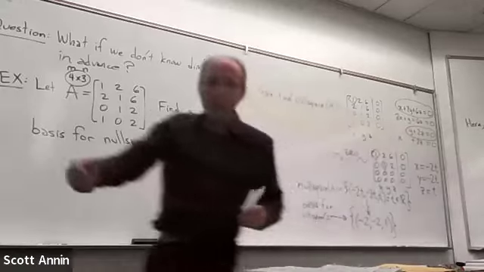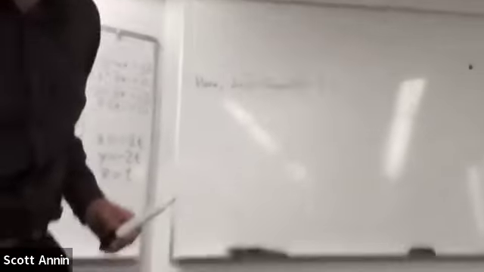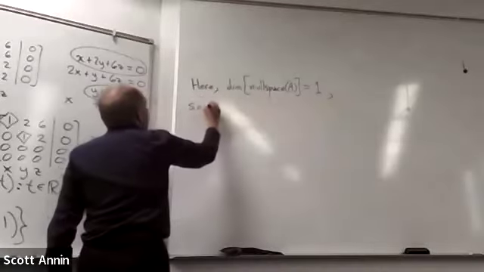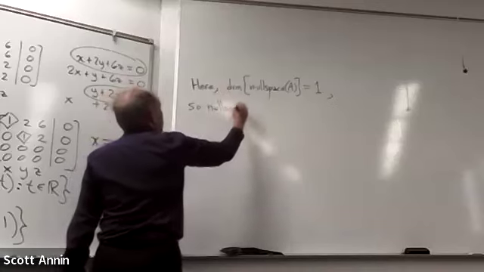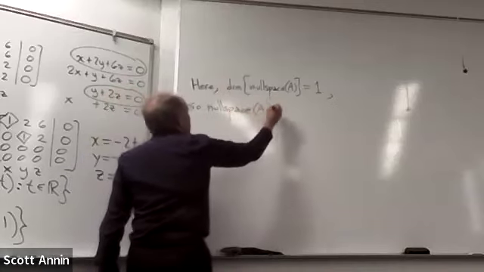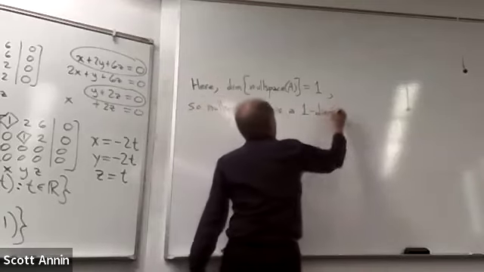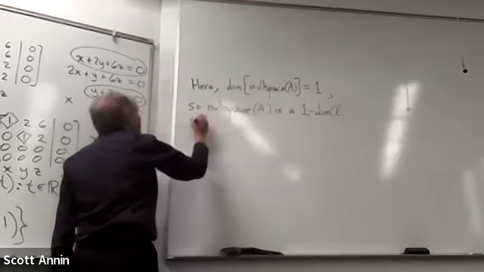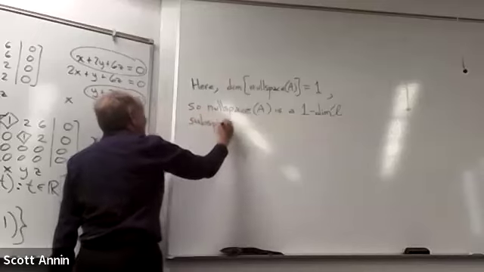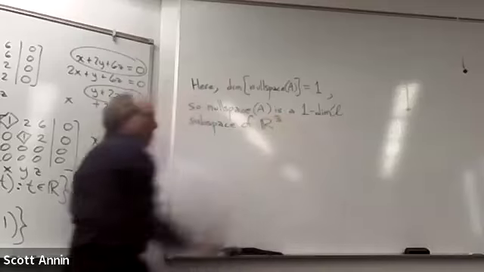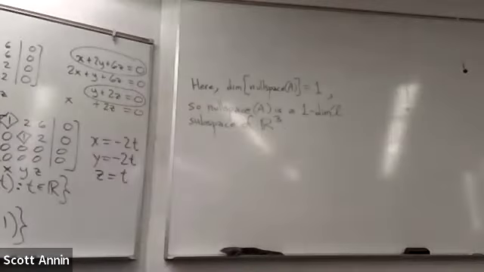It is a one-dimensional subspace of R3. So the null space of A is a one-dimensional subspace of R3, which is the Rn in this case.